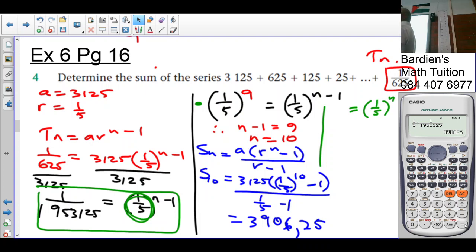Yeah. But remember, this is 5 to the minus 1 first. 1 over 5 to the negative 1, that's number 1. And since we're dividing both sides by 1 over 5 raised to the 1, that 1 over 1,953,125 had to be written first as well. So you made more than one mistake here.